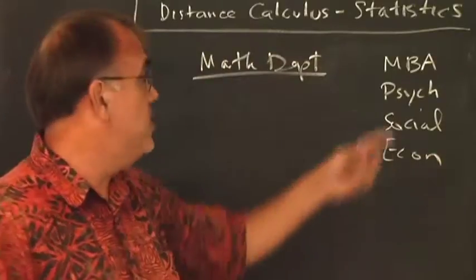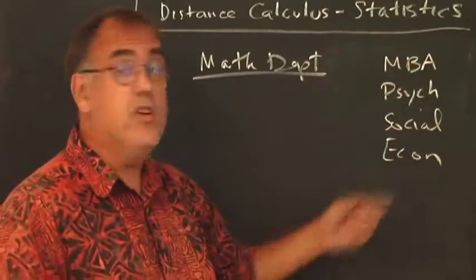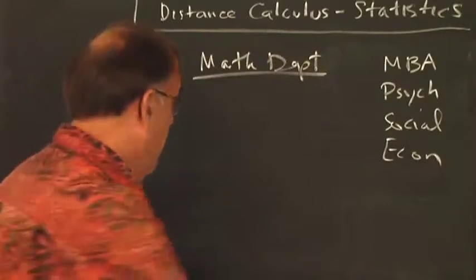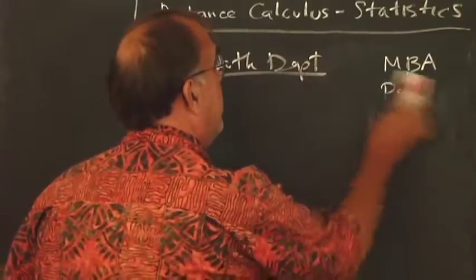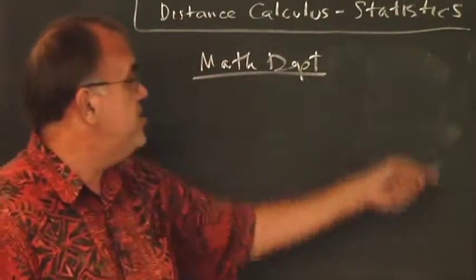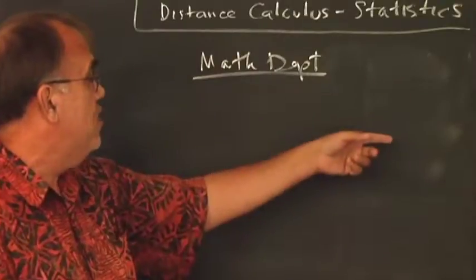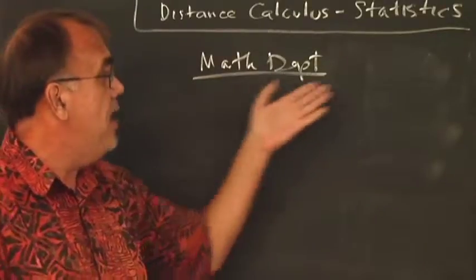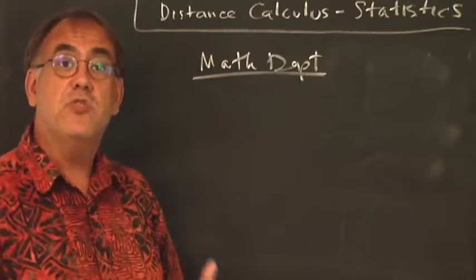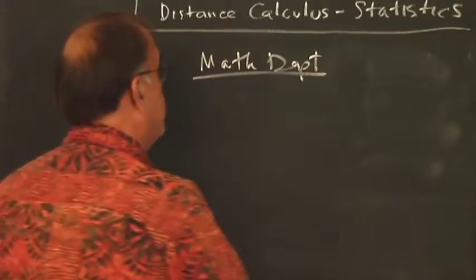There are lots of courses like this, and they're great courses, but it's not this course. This course is the course that's taught by the math department, and although it has some applications from these disciplines, it is not primarily centered around those kinds of applications. So it's a general statistics course.